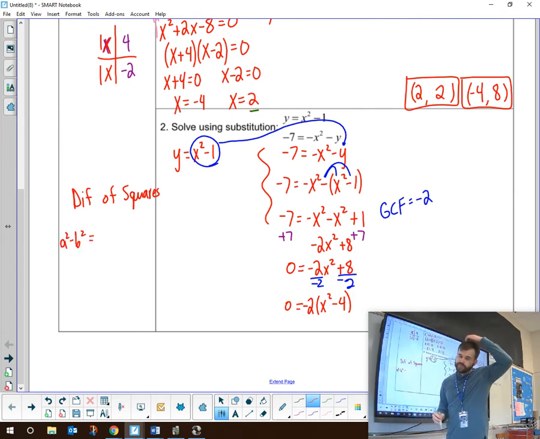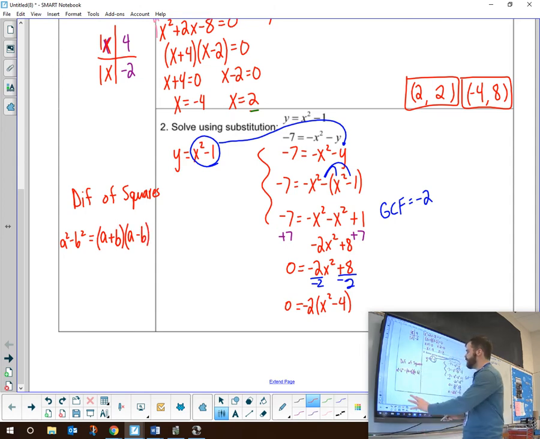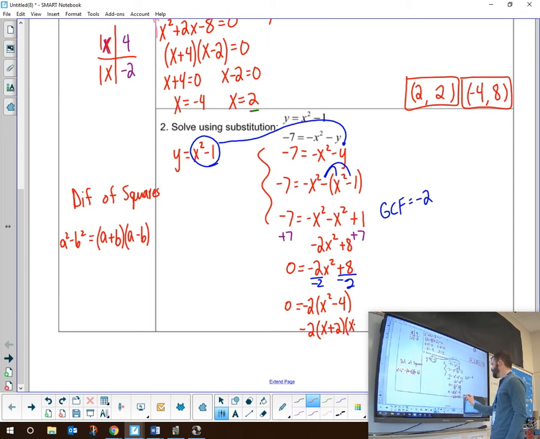So if we have 2 perfect squares subtracting each other, that's going to be equal to the square root of a squared, which is a, plus the square root of b squared, which is b, times a minus b. So we're just square rooting and writing it down. So x squared minus 4 is going to factor to be x plus 2 times x minus 2. Okay?